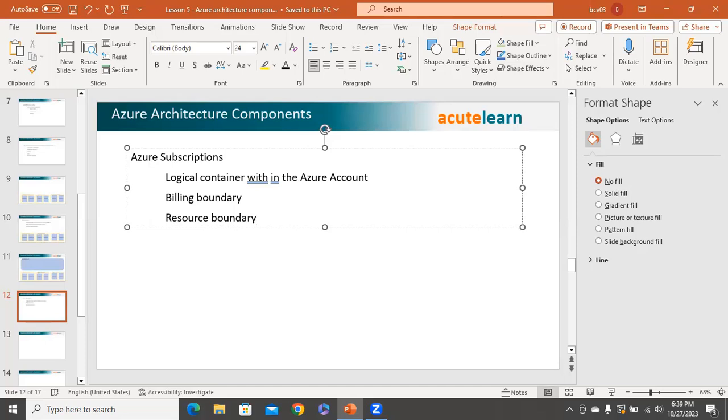Now we have a development environment, a testing environment, and a production environment. I'm just taking a simple example. I really want to know the cost of the development environment, and I want to isolate all the resources being created from the production environment.